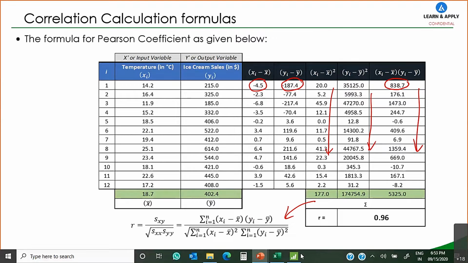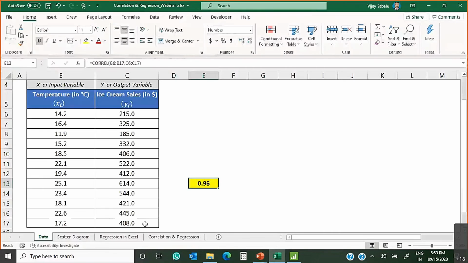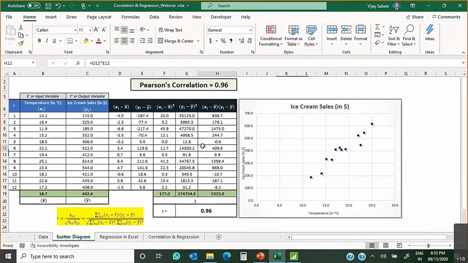If you look in Excel, we can see these are all the terms we have calculated. Xi minus x bar is nothing but the difference between each individual value of x and x bar, and likewise individual value of y minus y bar. These are the two squares of the earlier columns, and this is the multiplication of the first two columns, xi minus x bar and yi minus y bar.